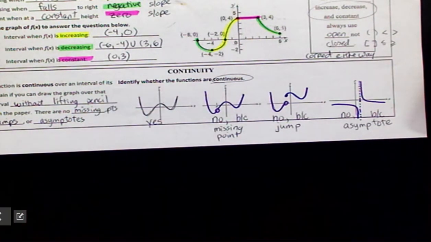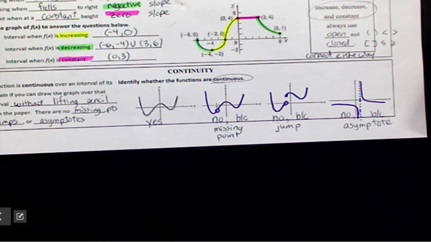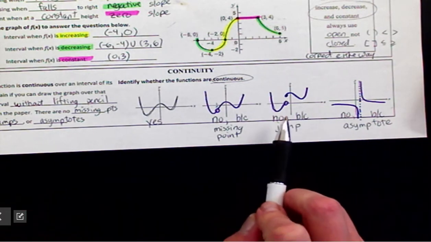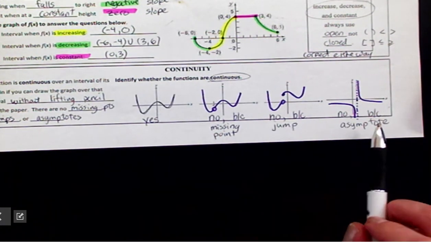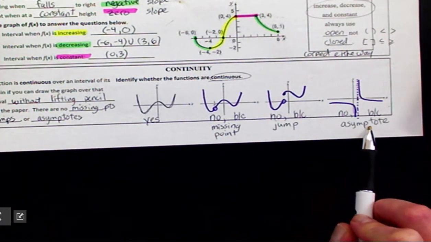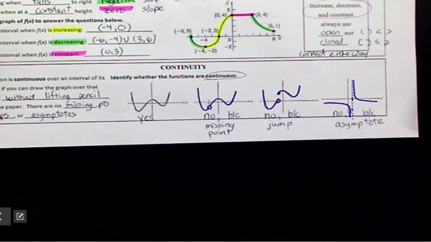These are the only three types of things that make a graph not continuous. So far, you've only dealt with continuous graphs, lines, maybe parabolas. As we move through the year, we will end up with jumps, holes or missing points, and asymptotes. We will go through all three of those types of graphs before we're done with this year.